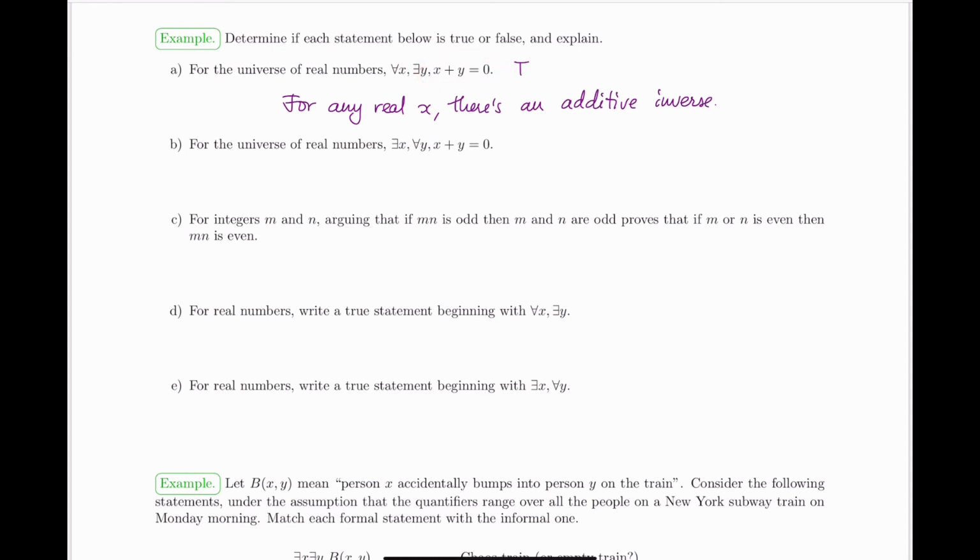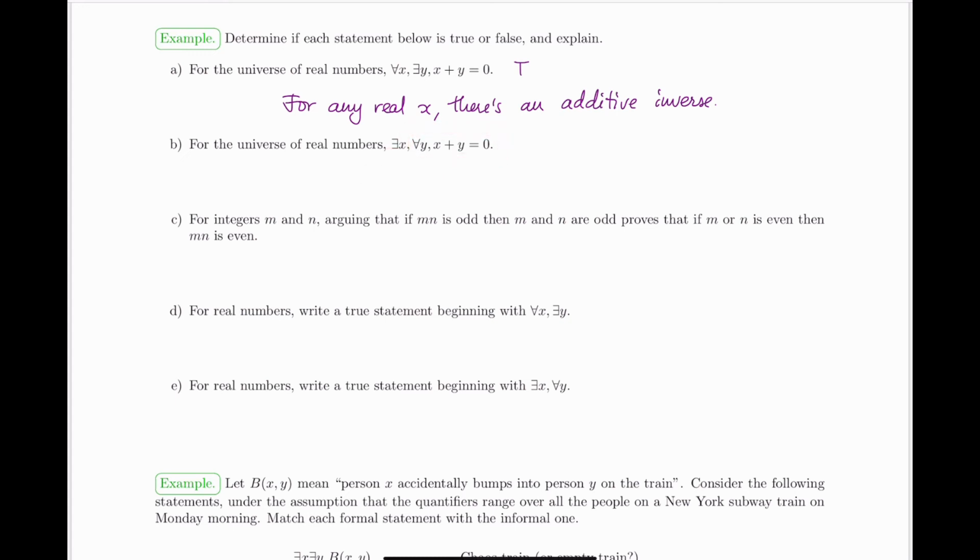this property holds. Let's take a look at this next one, where all I've done is swap the order of the two. What I have is there exists an x, so there is some very special x, so that for all y, the sum of the two is going to be 0. So the key difference here is that once you fix the x, this has to work for all other y's.